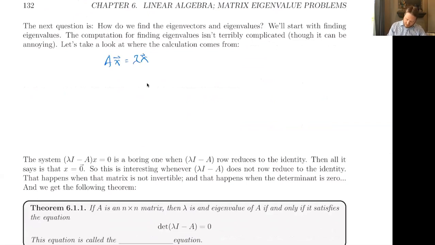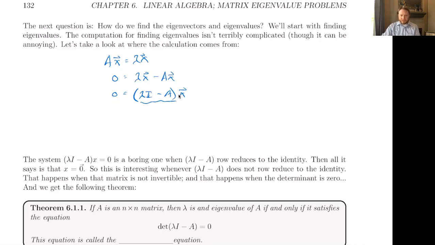Let's subtract, and I get 0 is equal to lambda x minus Ax. Let's factor out the x. Lambda is a scalar, so I can only factor out this x if I put a matrix in its place. So lambda I minus A, times x, is equal to the 0 vector.